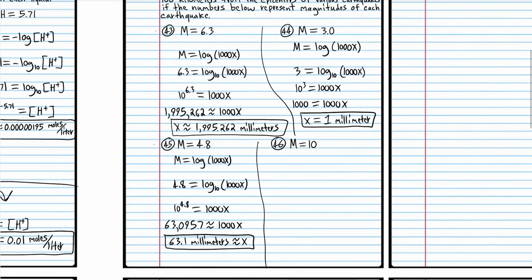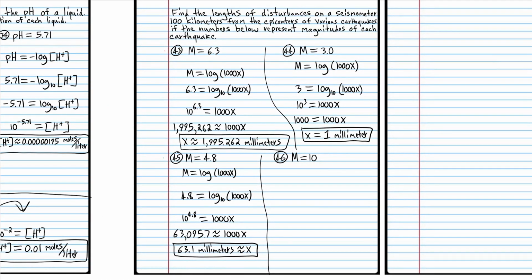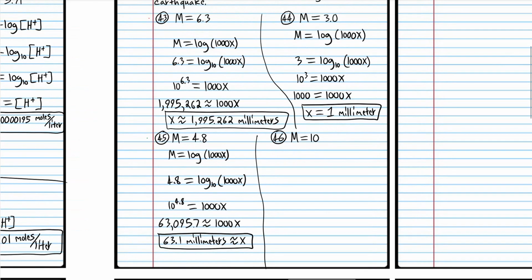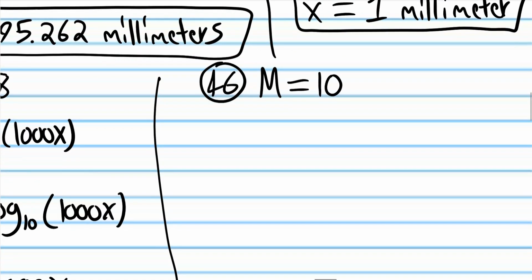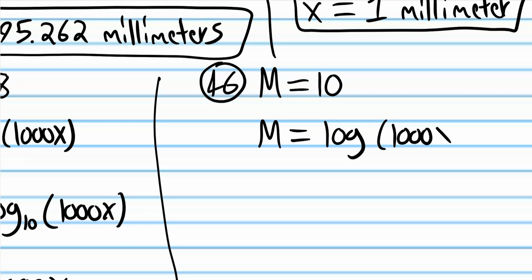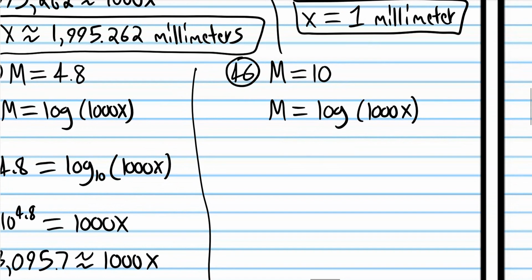Go ahead and try number 46, and when you come back, we'll do it together. All right, we're back. So the magnitude of an earthquake is defined again as log of 1,000 times the disturbance on a seismometer, the length of a disturbance. This is a very large earthquake, magnitude 10.